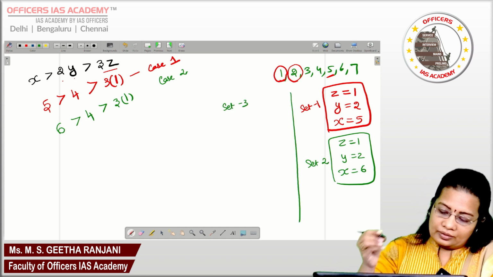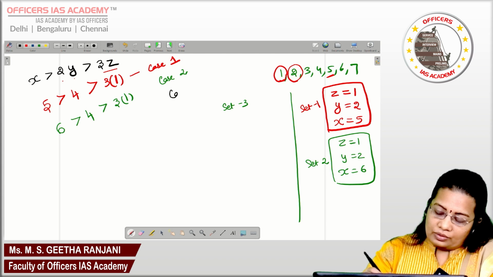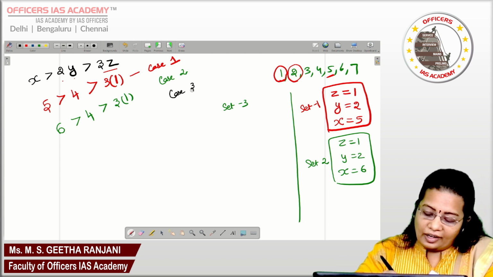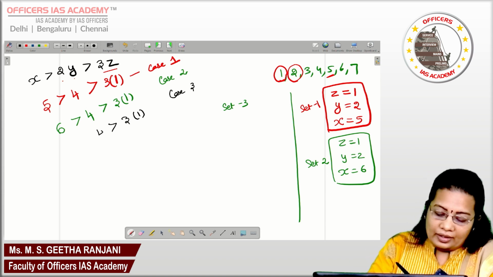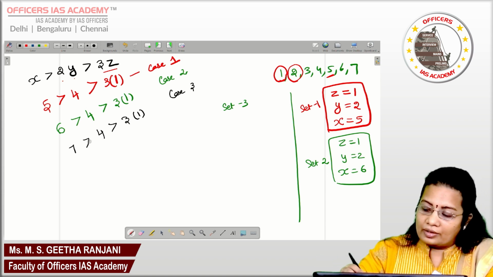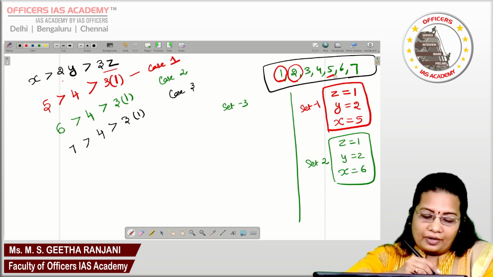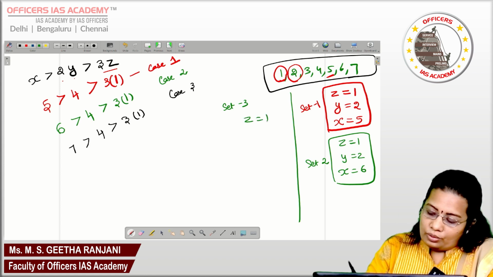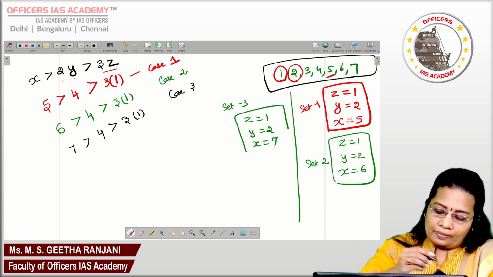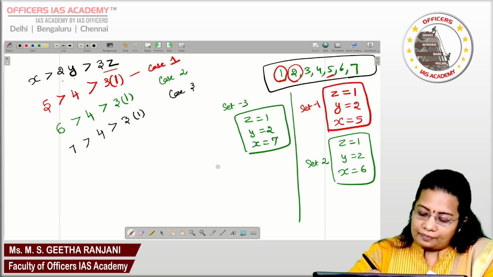In this, I can put case 3 for your reference. Same 1 for z, same 2 for y, and 7 is the largest number of the given range. So I have taken that also. So z is 1, y is 2. Only x value I have changed. This is another set.